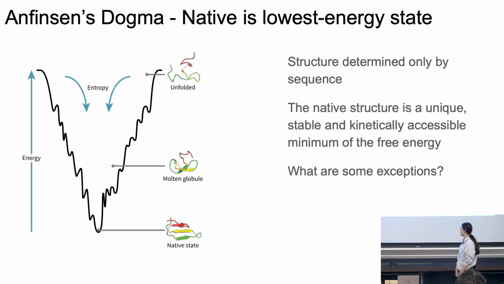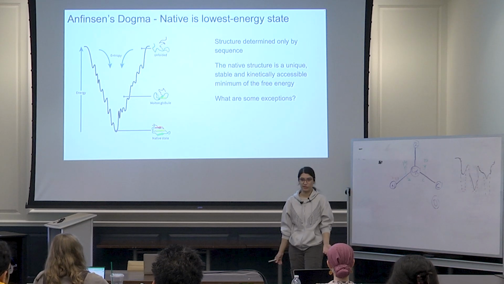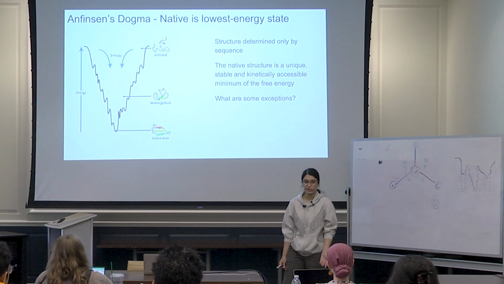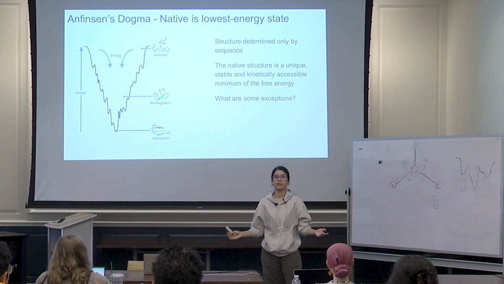So the last question before we move on from this slide is, let's call this native protein, protein A. Let's say it's a rat protein, and we're interested in studying it. So we took it from rats, and we did some experiments.